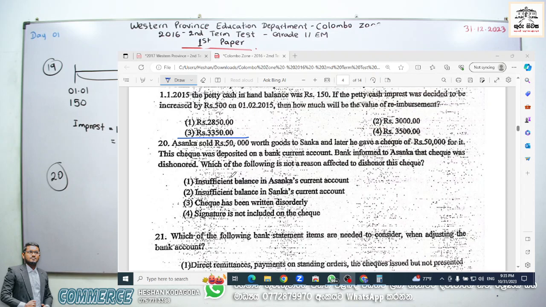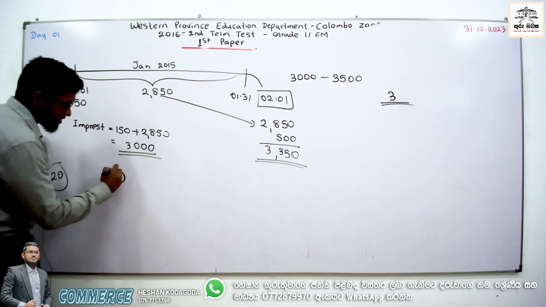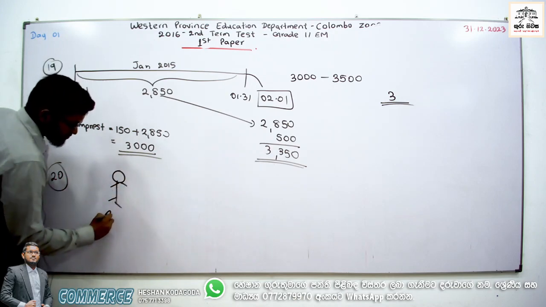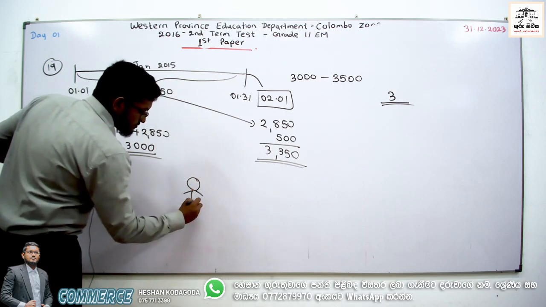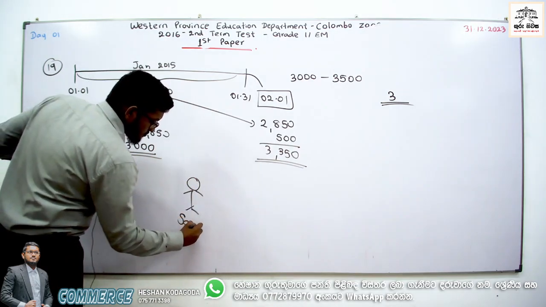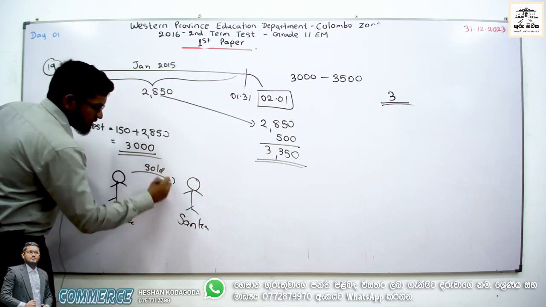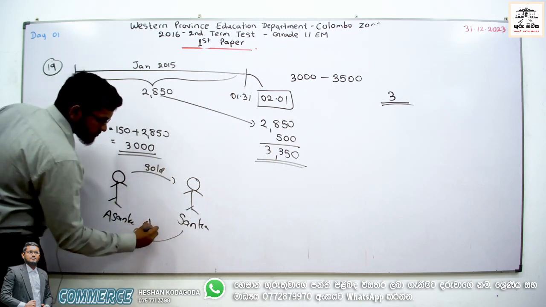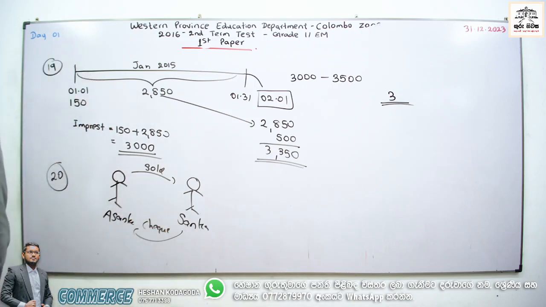You need to know the scenario of this one. Asanka sold 50,000 worth of goods to Sanka. Now this is Asanka and this is Sanka. He sold goods and he gave a check. Okay, right?